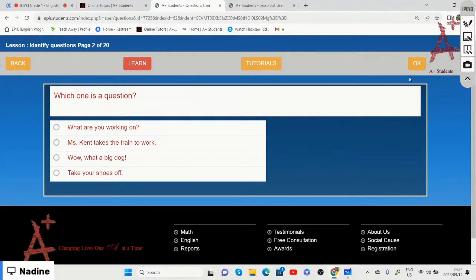Which one is a question? Is it option one, "What are you working on?" Or number two, "Miss Kent takes the train to work." Number three, "Wow, what a big dog."